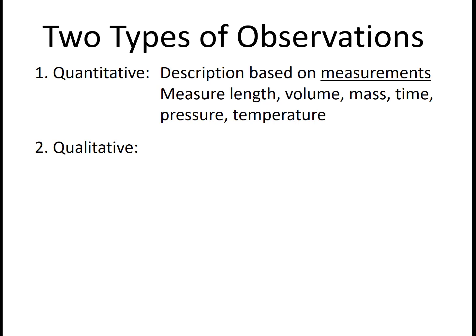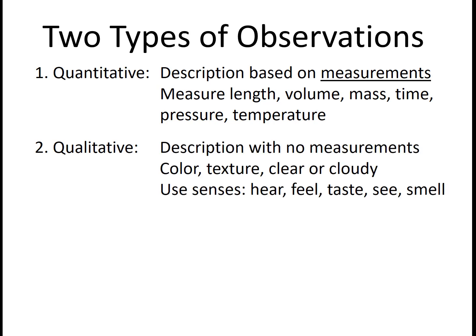The kind that doesn't use measurements is called qualitative observation. This includes color, texture, whether it's clear or cloudy, and really we're using our senses here: hearing, feeling, tasting, seeing, smelling. In chemistry, you will never taste, and very rarely will I ask you to feel.